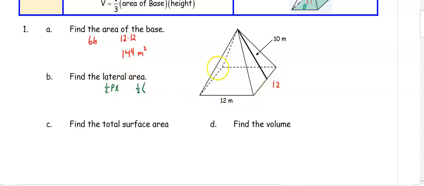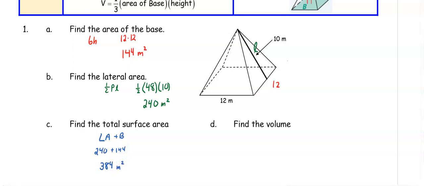If we have 4 sides that are 12, that's going to be 48 times the slant height, which is 10. We multiply here, we get 240 meters squared. In part C then, to find the total surface area, it is the lateral area plus 1 base. So 240 plus 144 would get us 384 meters squared.